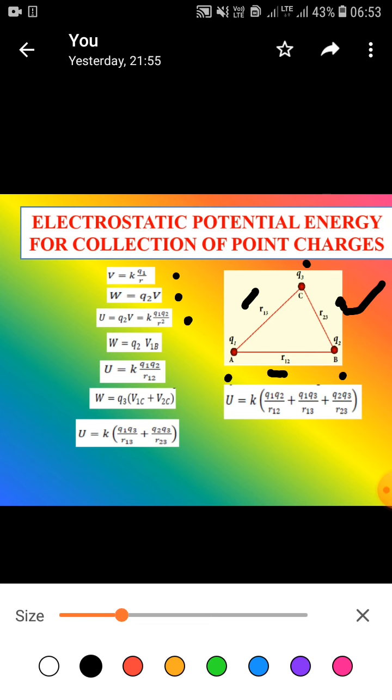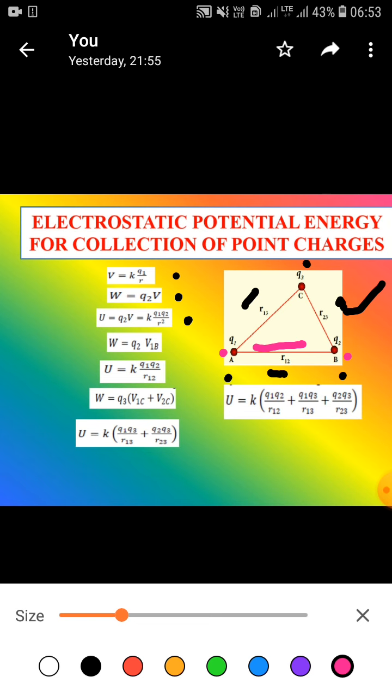Second, charge q2 to the point B. Work must be done against the electric field created by the charge q1. Do you understand, students? Work is done against the electric force on the charge q2.